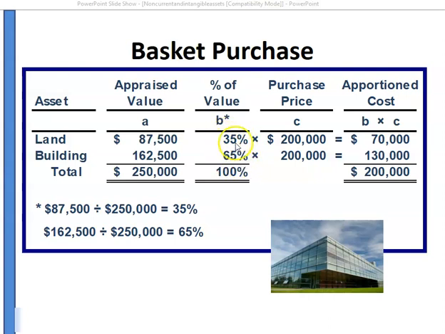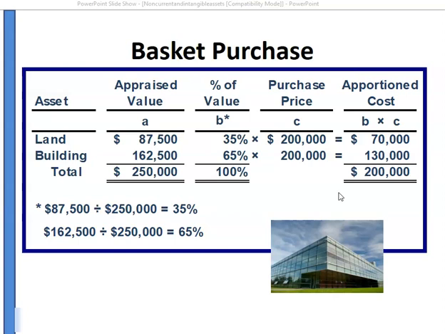We take that percentage, 35% allocated to the land, multiply it by our actual purchase price. And so we're going to put the land on the books at $70,000, the building on the books at 65% of the purchase price. That's going to total $130,000.